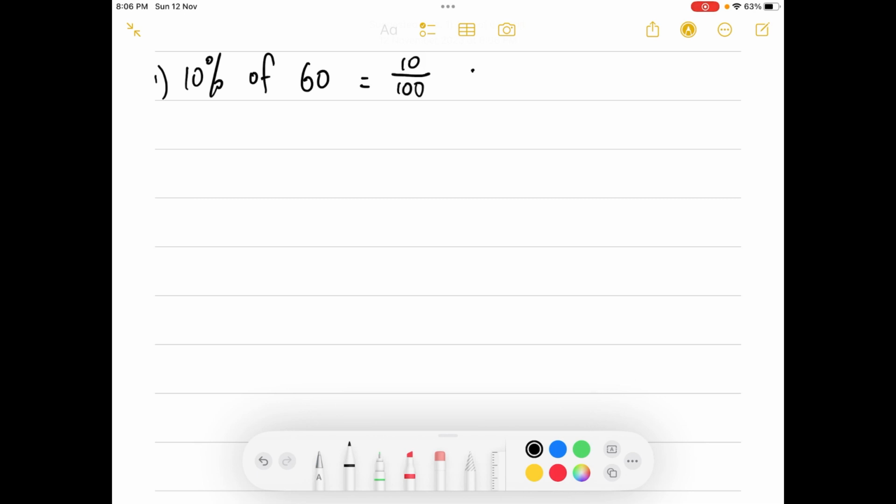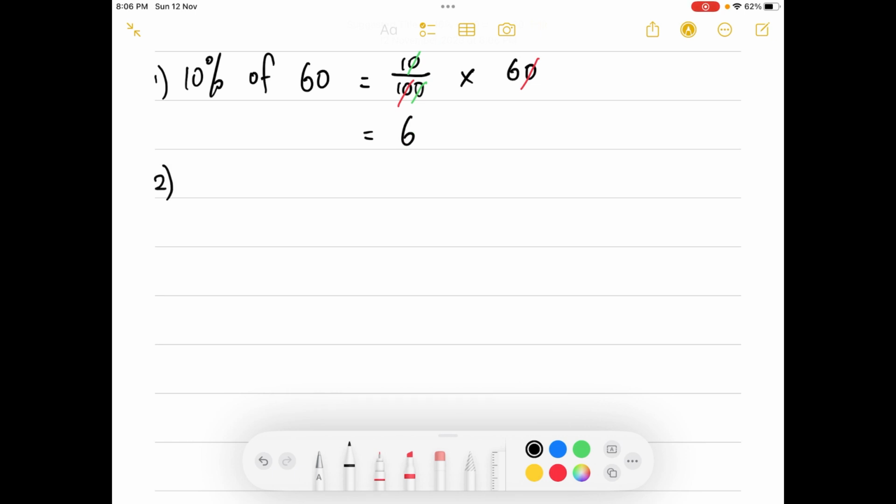Of, we have your times 60. So fractions on top and below we can cancel. So we can cancel 0, cancel 0. Diagonally, we can also cancel 0. So 0 and 0. Answer will be 1 times 6, you'll get 6 itself.